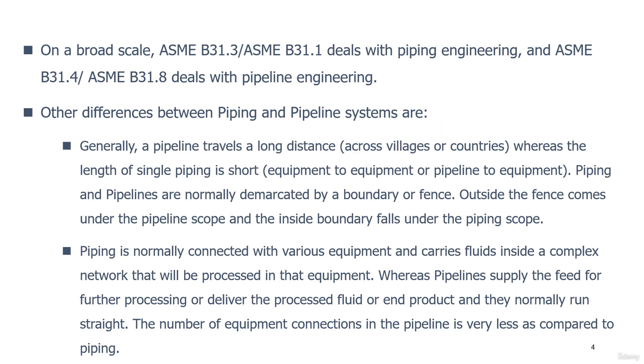It may cross villages, it may cross countries, cross country pipelines we may say sometimes. Whereas the length of a single piping is usually short, so it normally starts from equipment to equipment or equipment to pipeline or to other equipment.